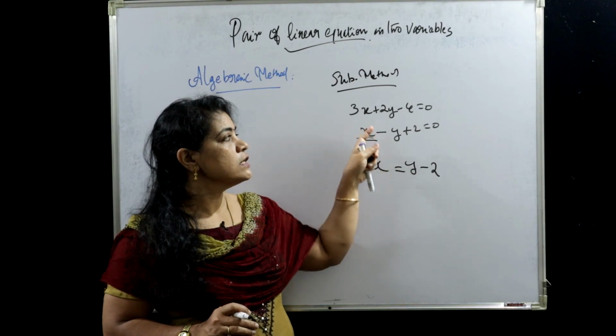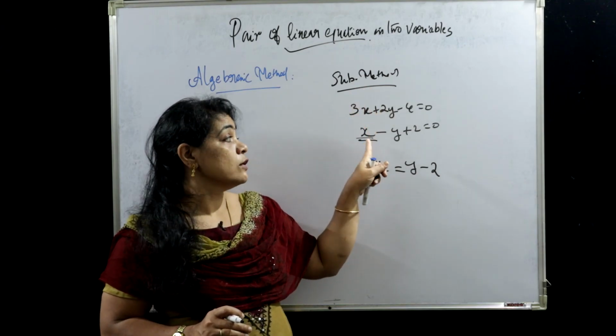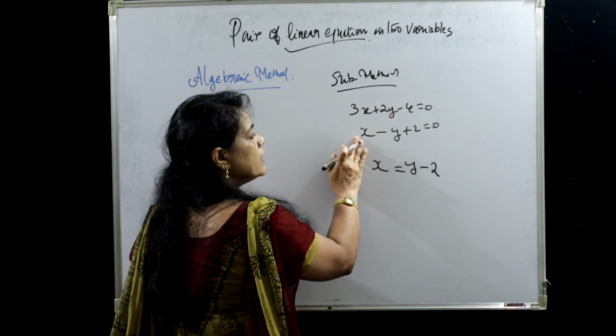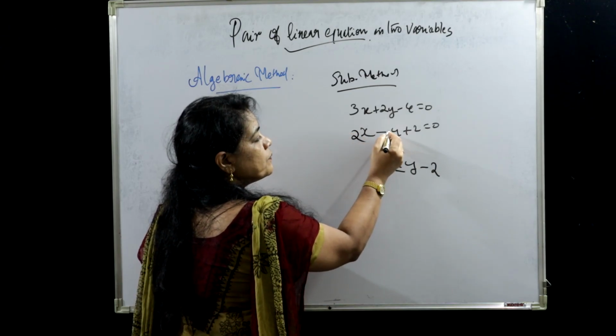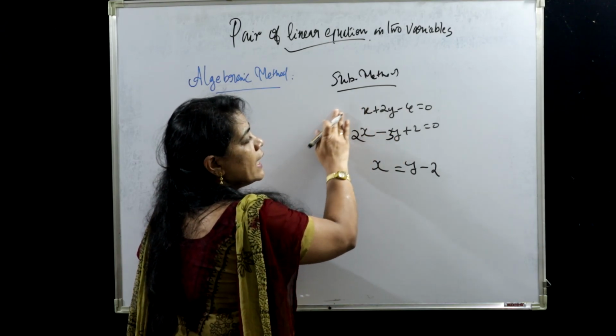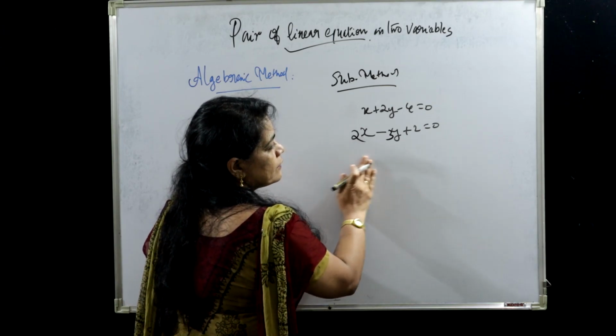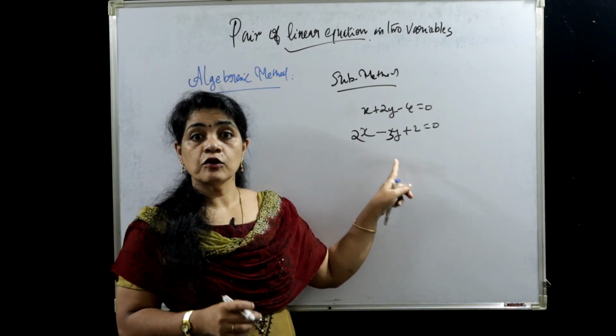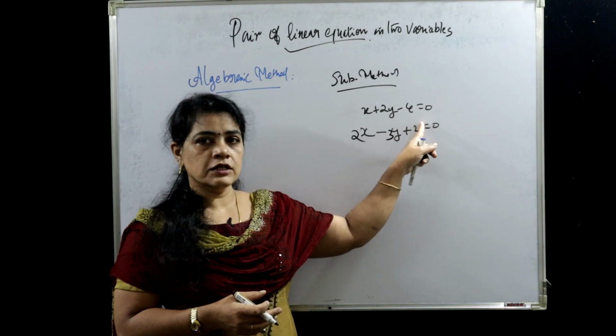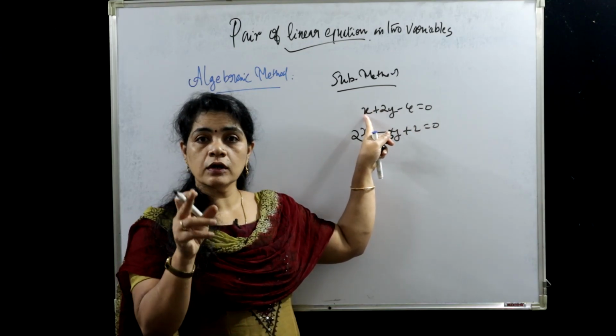Suppose this equation comes first, where the coefficient of x is, for example, 2x and 3y here, and here it comes x. Suppose this is another pair. How can this be done, children? For this pair, in the first equation the coefficient of x is 1. So what to do?